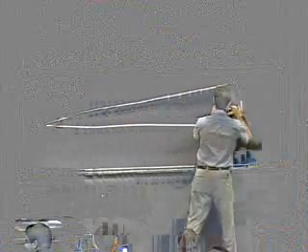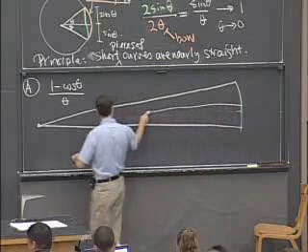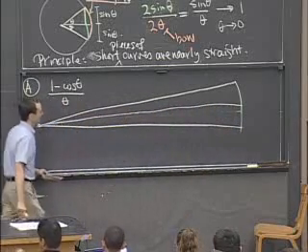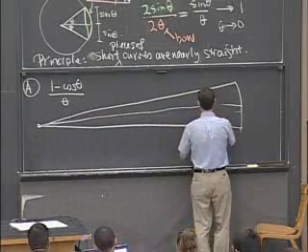Whoops. I think I'm going to have to tilt it up. On your pencil and paper, it'll look better than it does on my blackboard. OK, so here we are. Here's this shape.